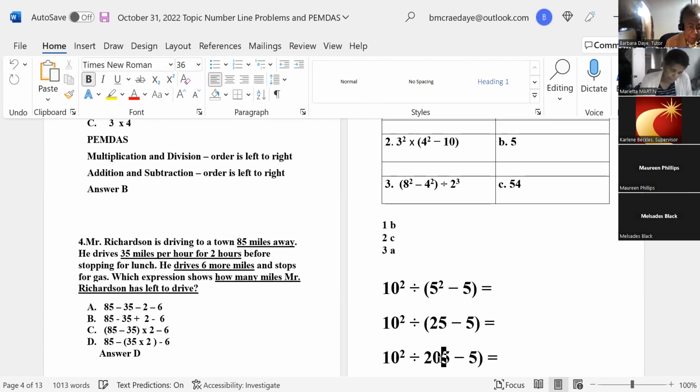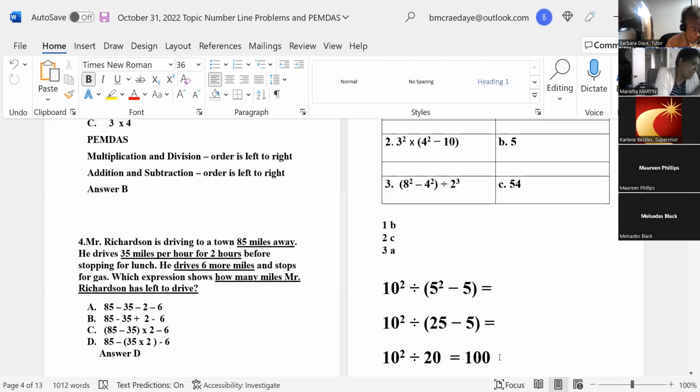Can I give you my answer, Miss, before you finish it? Okay, what's your answer? B. What's your number? 5. Okay, so you say your number is 5. That's 100 divided by 20.